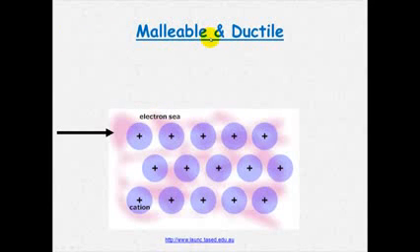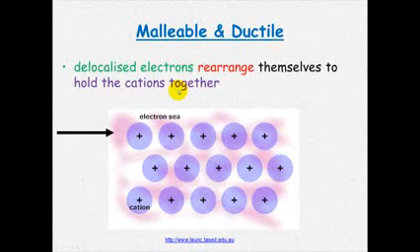Metals are malleable and ductile, and again we can explain this with the sea of delocalized electrons. They are able to rearrange themselves to hold the cations together. So what happens if I apply force to this lattice, which again I've just got my cations arranged in a closely packed lattice with my sea of delocalized electrons around the outside?